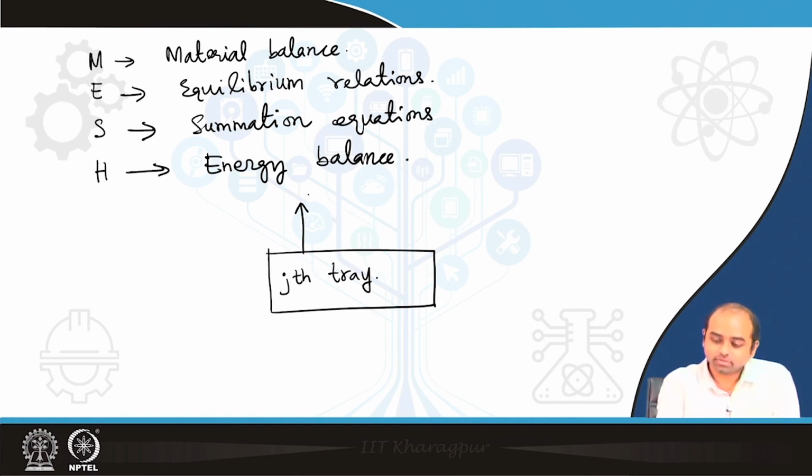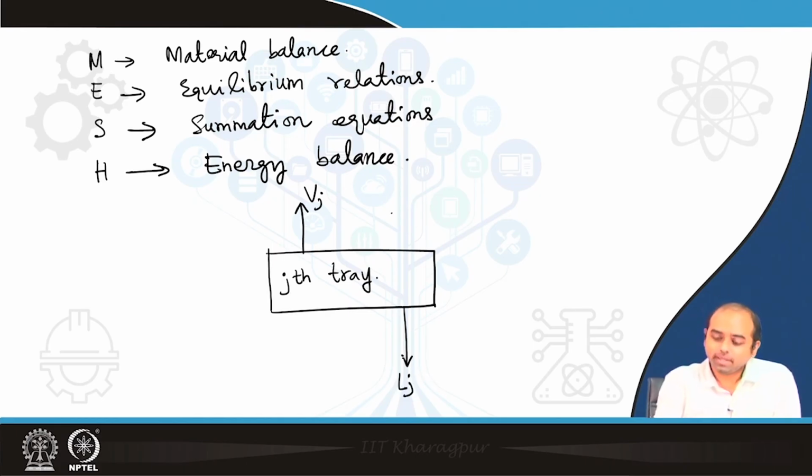So the vapor part that is leaving that particular tray, we are going to write as Vj. Similarly, the liquid that is leaving this tray will be denoted as Lj.